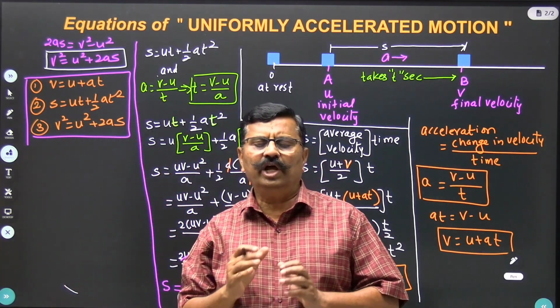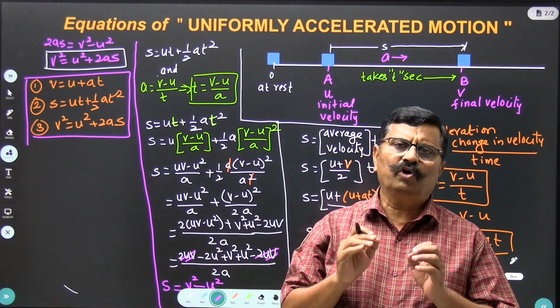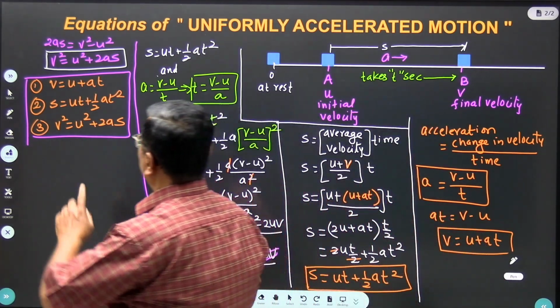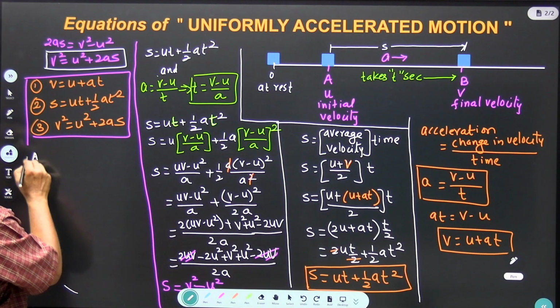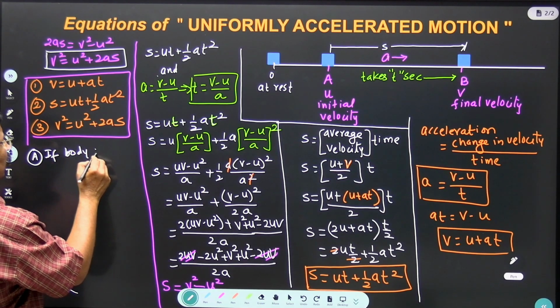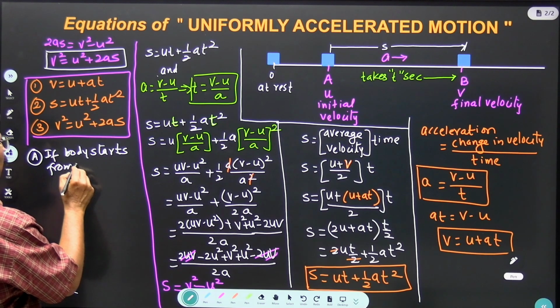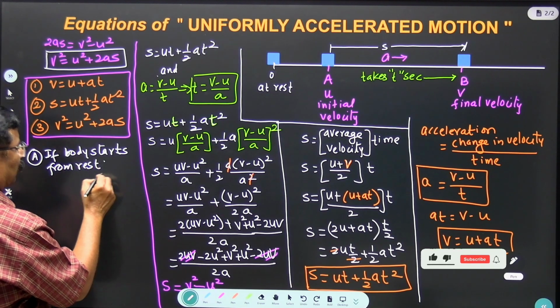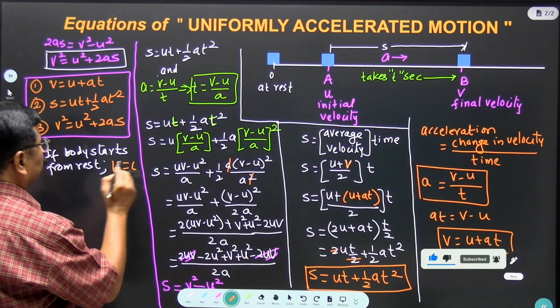Now students, you will have to remember one concept. Whenever in the problem it is mentioned that the body starts from rest, then take u is equal to 0. So point number A, if body starts from rest, then u is equal to 0.